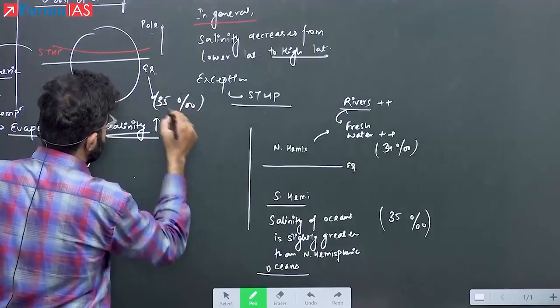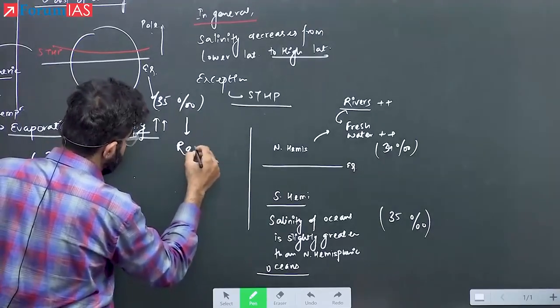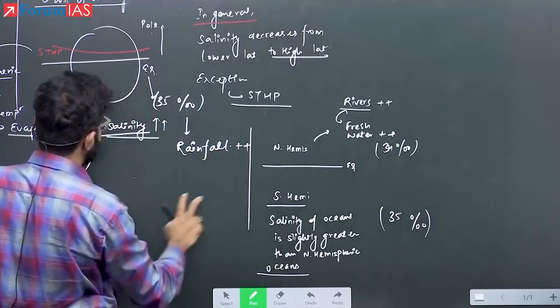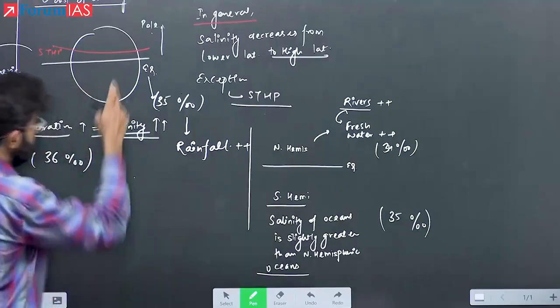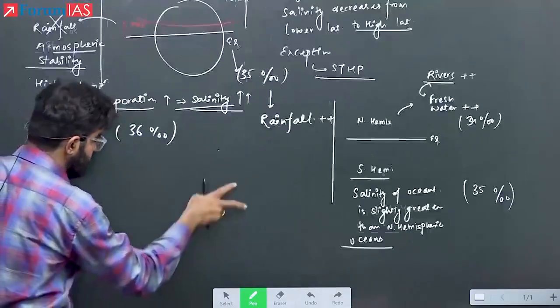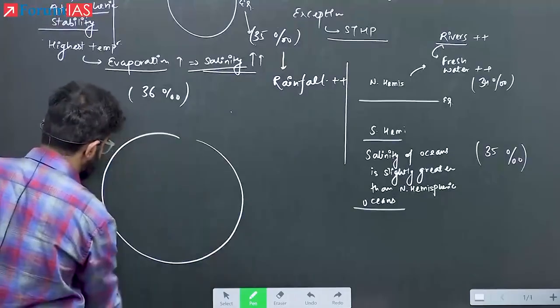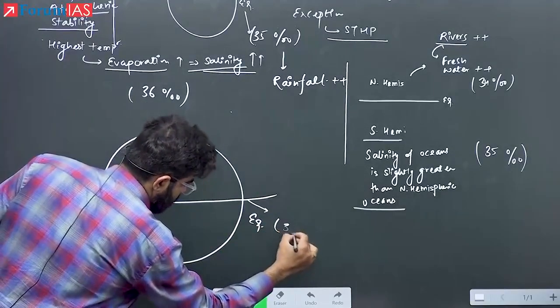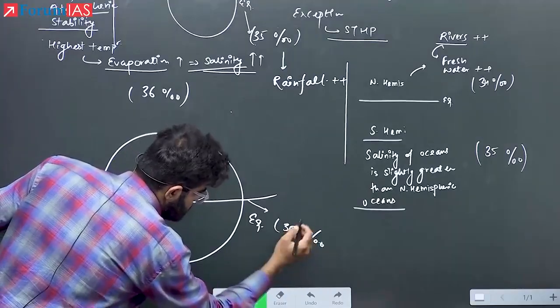Why 35 in the equatorial area? Because of the rainfall addition, because of heavy rainfall. So please make a diagram here itself and write all these factors. Again, making a clean diagram. 35 it is.